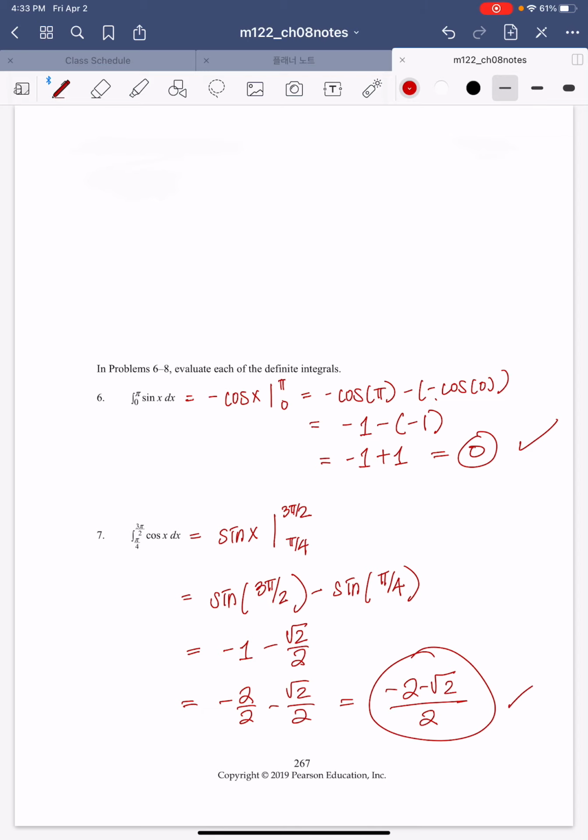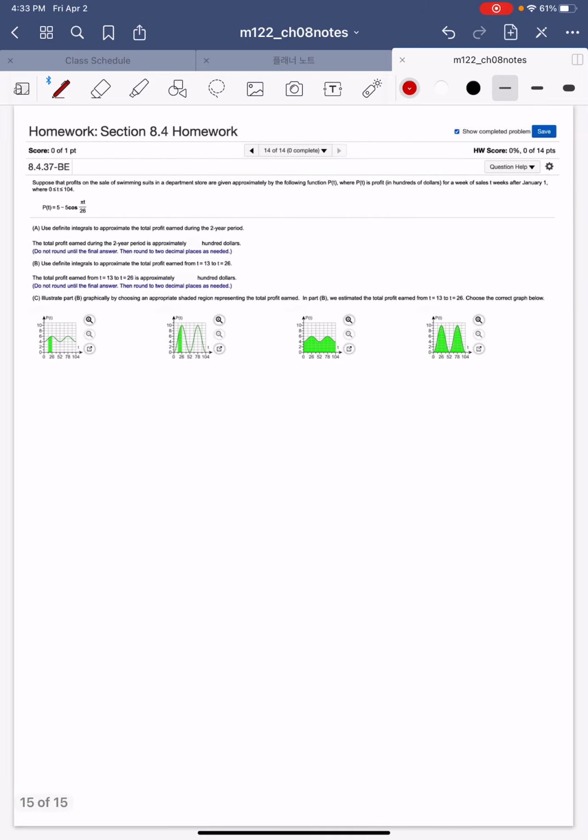Okay. All right, one more problem, and this is your homework problem. This is a little bit of an application problem, so let's go over this. This is your last homework problem. Suppose that the profit on the sale of a swimsuit in a department store is given approximately by the following function P of t, where P of t is the profit in $100 for a week of sales, t weeks after January 1st, from 0 to 104.